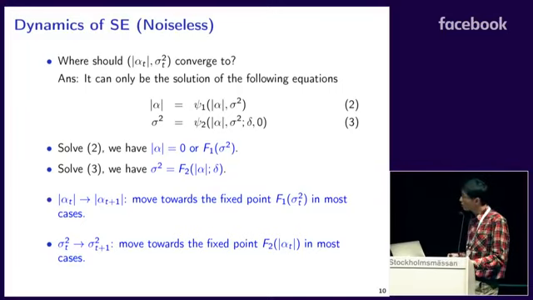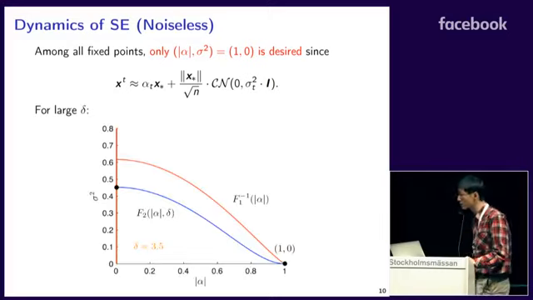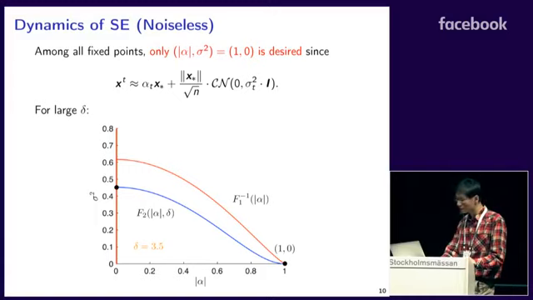So in this talk, let's simplify everything. Let's just assume that in all cases, these statements are true. Then, as the approximation I gave before, we can see that the only correct fixed point is 1, 0. Now, for large enough delta, let's see this figure again for delta equals 3.5. Suppose we initialize at P1 over here.